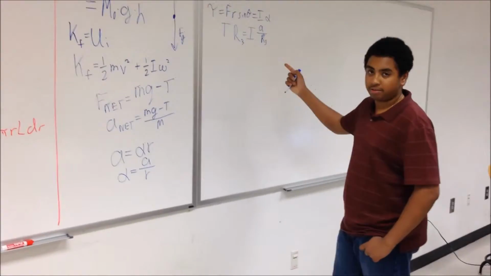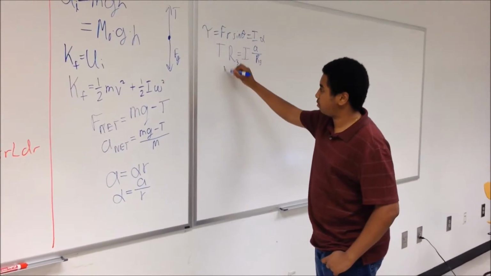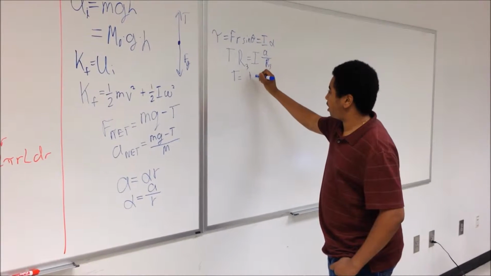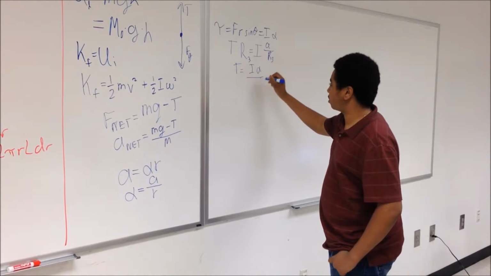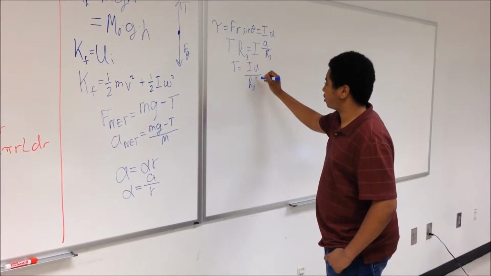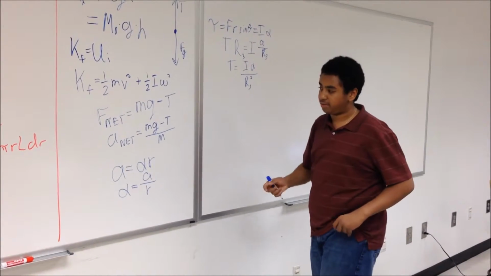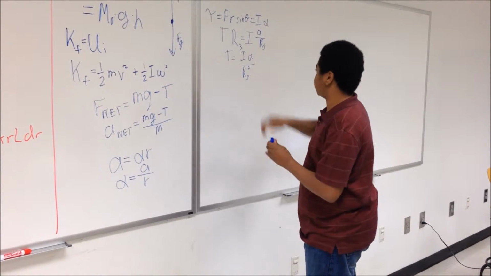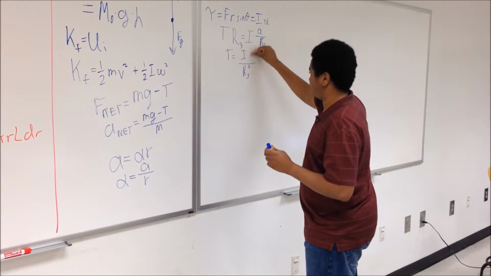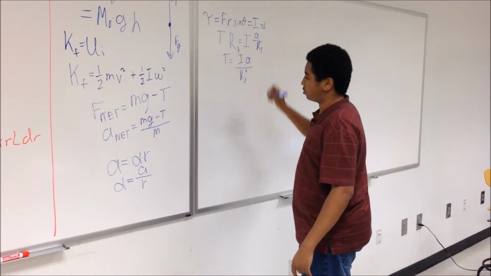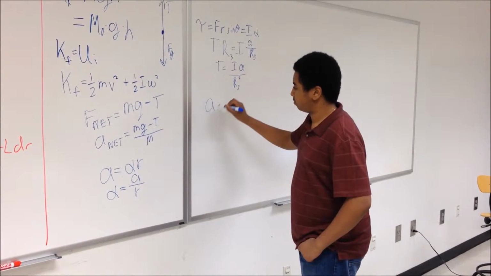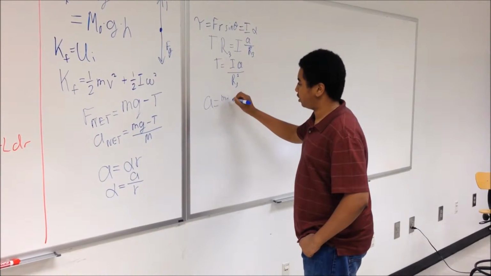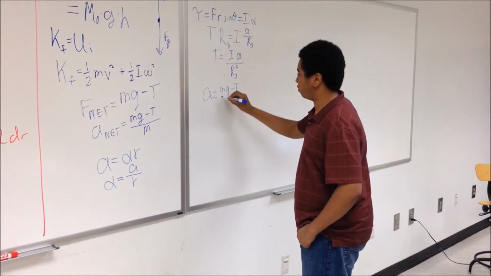So now that we have this, we can solve for tension: I alpha over R3 squared. And we have this equation back here, which is for acceleration. I'm sorry, this is not alpha, this is a. So we have a equals mg minus T over m.